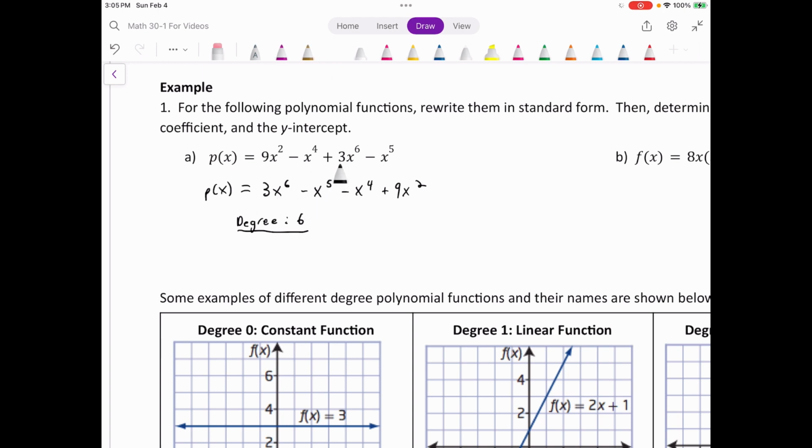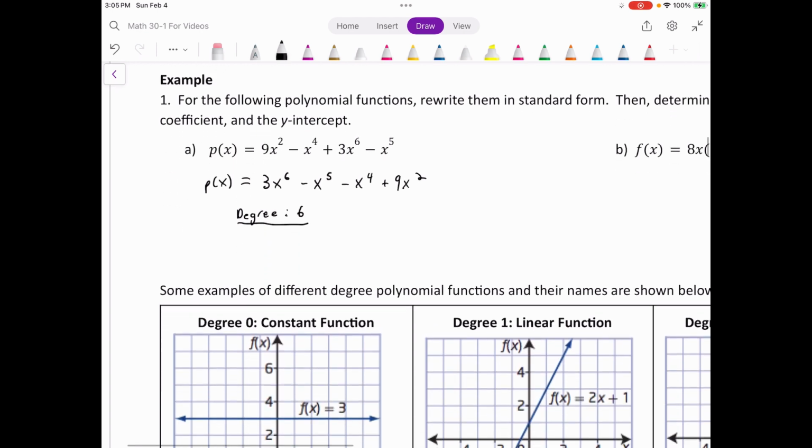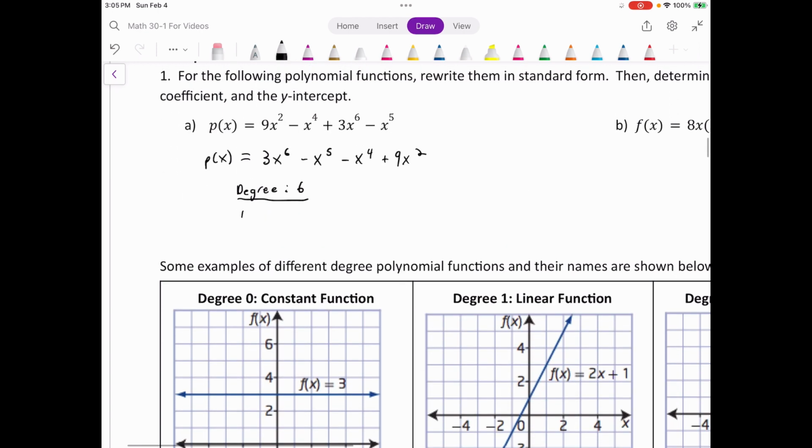I mean, that was always our leading coefficient, but we call it the leading one because when we write it in standard form, it's in that lead position, right? It's the first one. So our leading coefficient is 3, positive 3.